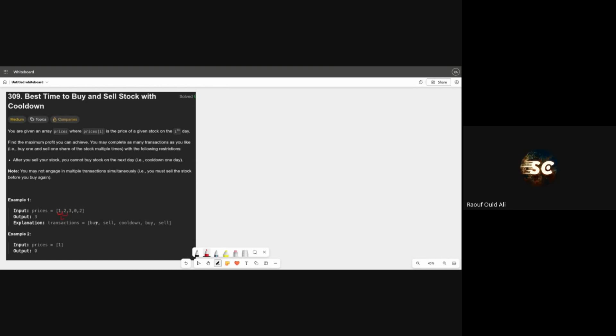So if we apply the greedy strategy here, we will buy on day one, then we will sell on day two. So we've made a profit of one. Then I buy on zero and sell on two, because I can't buy on three. And so it will give me a profit of three. Seems to work here.